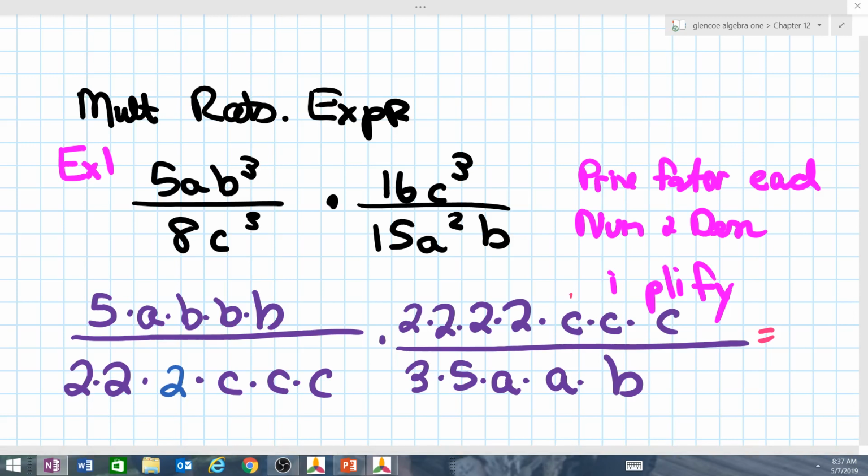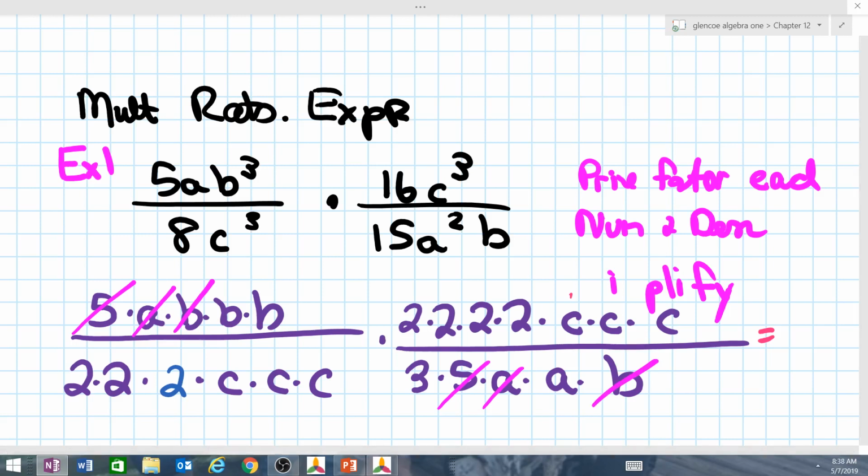Of course you can cancel and reduce that to 1/2, or you can cancel on the diagonal. So I have a 5 here and a 5 here. I have an a here and an a here, and I have a b here and a b here. Are y'all with me? I usually start with the first fraction. It makes my life easy.